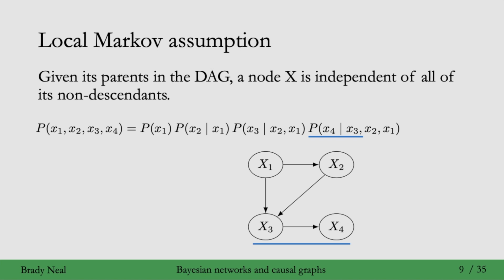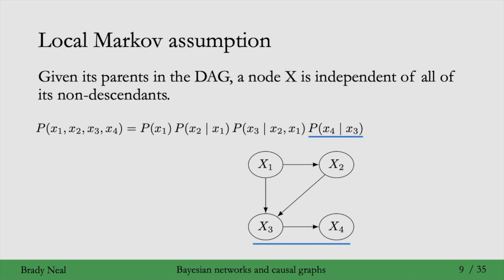In this example, we can actually simplify this last factor because x4, given its parent x3, is independent of every other variable in the graph, all of its non-descendants, and x4 doesn't have any descendants. So because it's independent of every other variable in the graph, we can simplify this last factor to just P of x4 given x3.